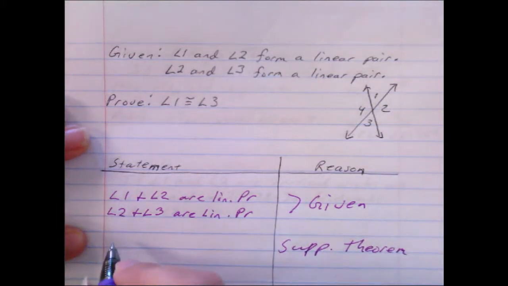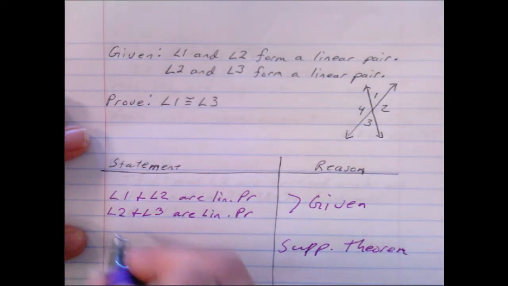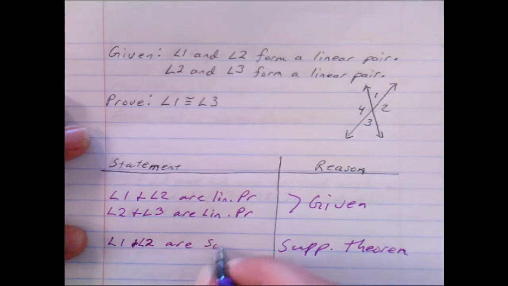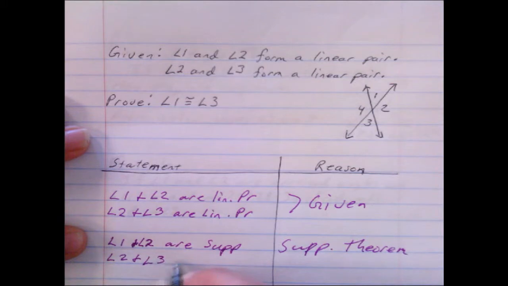Okay, so with our supplement theorem, we know if they're linear pairs that they are also supplementary. So angle 1 and angle 2 are supplementary. Angle 2 and angle 3 are supplementary.